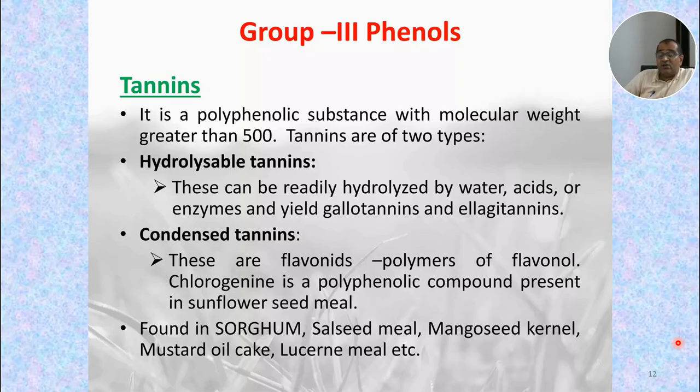One is hydrolyzable tannins, which can be directly hydrolyzed by water or enzymes and can yield gallotannins and another substance known as ellagitannins. So gallotannins and ellagitannins are two important compounds produced by the hydrolysis of these substances.